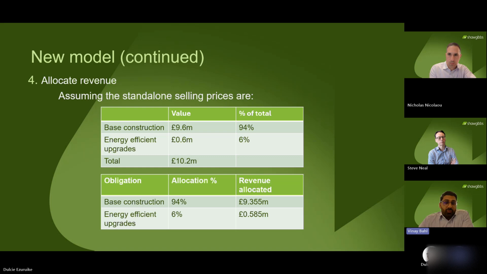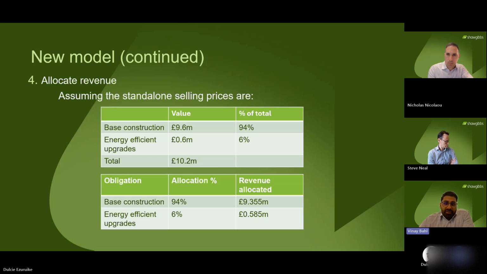And then step 4 is now to allocate the revenue. So here the entity now needs to determine the standalone selling price for each obligation. So i.e. if the elements weren't bundled, what would they sell them for? Because there is an implication that when companies bundle, they're building in inherent discounts.